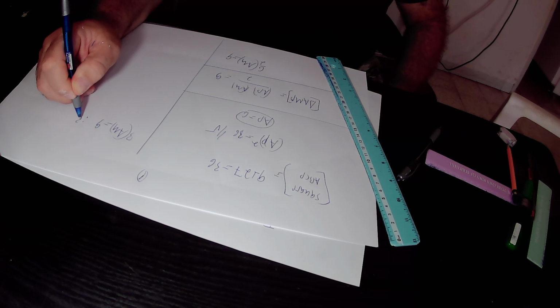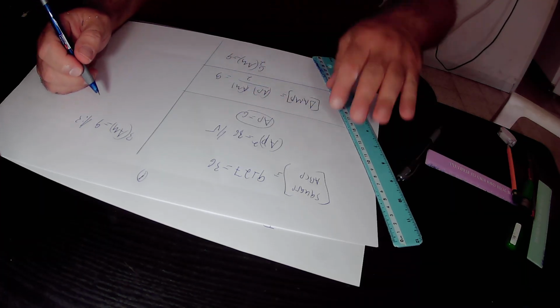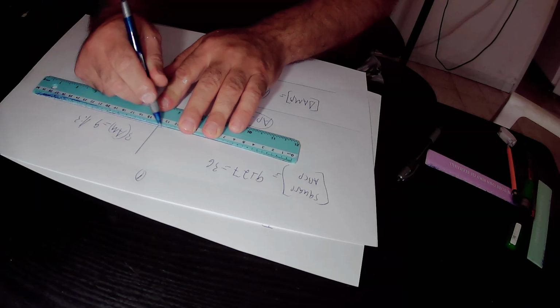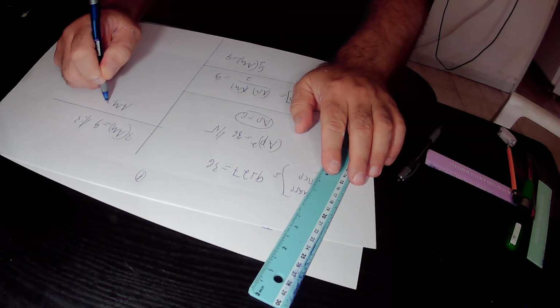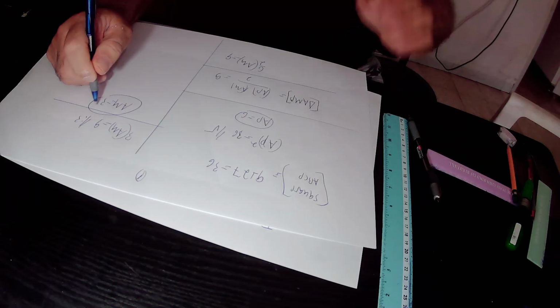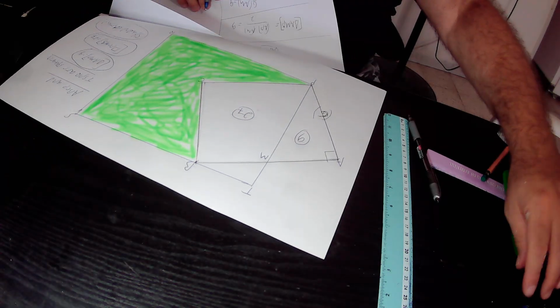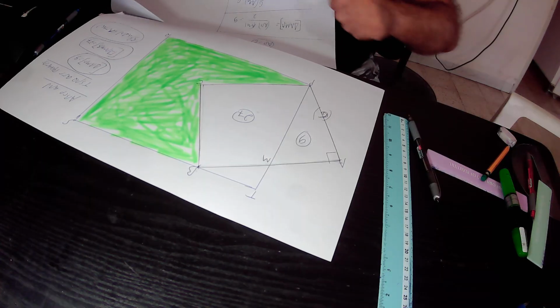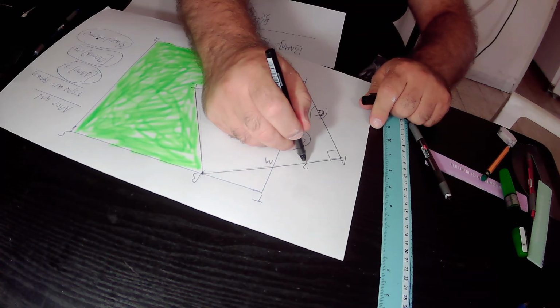Here we divide this equation by 3 and find out that the missing side AM equals 9 over 3, that is 3. AM equals 3 units in its length. This is side AM, and it equals 3 units.